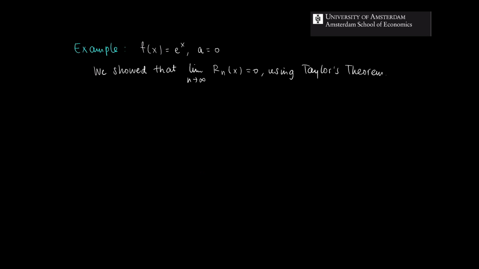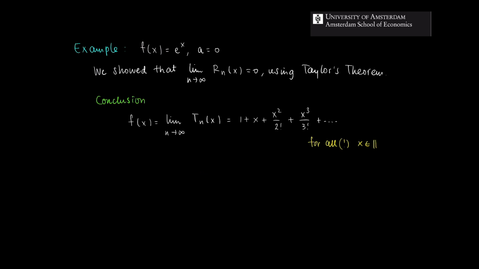So as a conclusion, we find that f(x) equals the limit for n to infinity of the Taylor polynomial. So f(x) equals the infinite Taylor series. So we get a different description for e to the power x in terms of a power series, and this identity holds for all x in R.